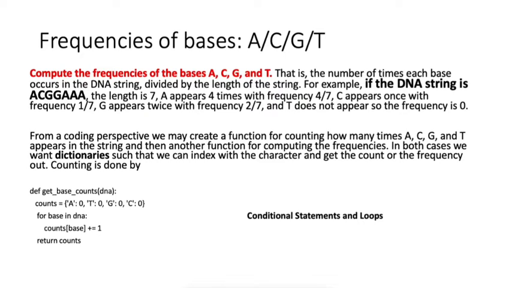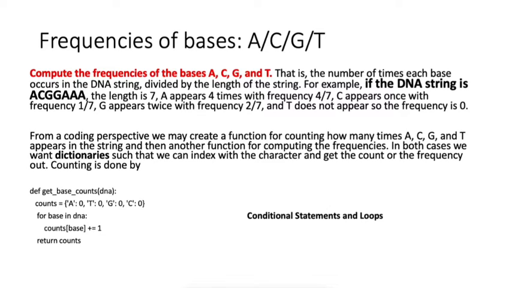We could create a function for counting how many times each base occurs in the string. And then we could create another function for computing the frequencies, basically dividing the number of occurrences by the total number of occurrences. In both cases, we want dictionaries such that we can index with the character and get the count or frequency out. A dictionary is a data structure in Python, basically like the dictionaries that you use in normal life.